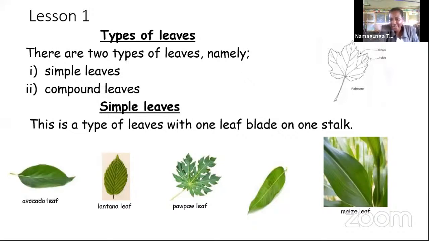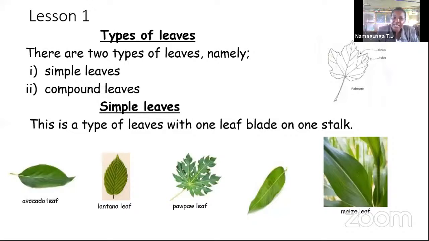There is one on the right corner. Do you have it? When you look at it, the apex is also there. They are divided, but not completely.